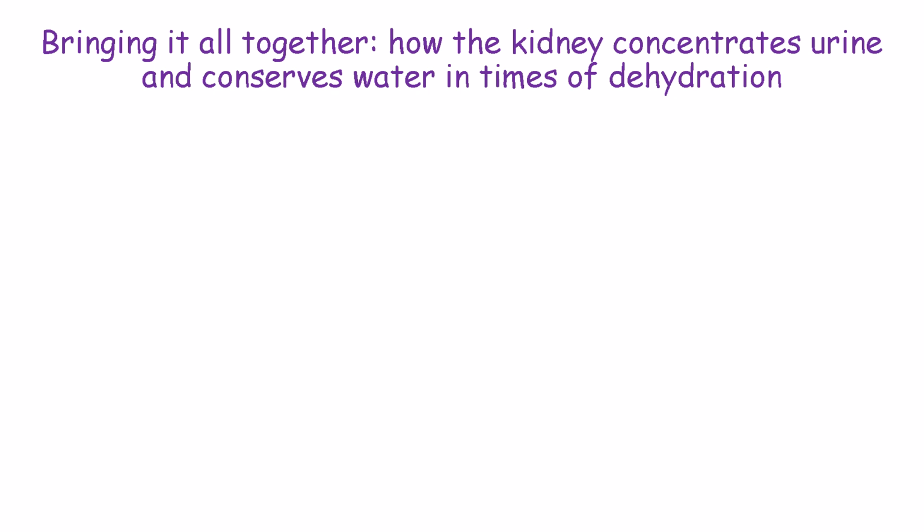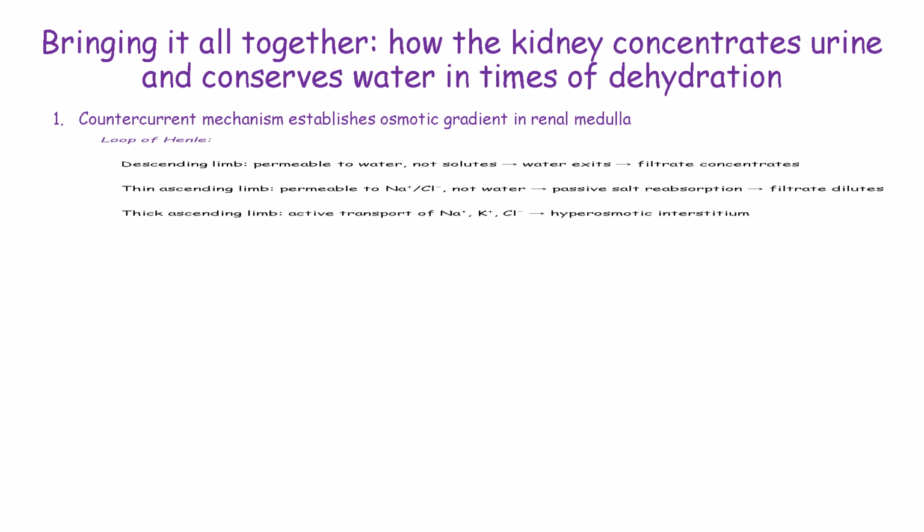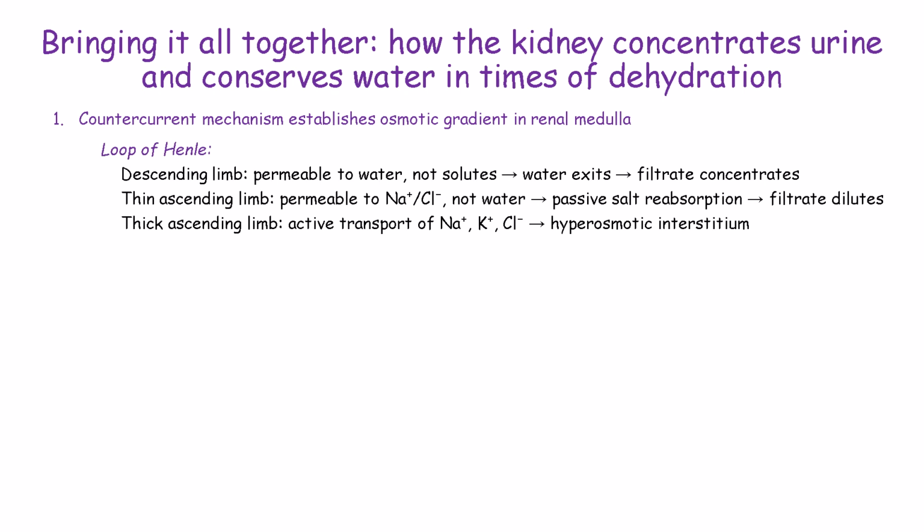Let's take a moment to bring everything together. The countercurrent mechanism establishes an osmotic gradient in the renal medulla. It involves the loop of Henle. The descending limb is permeable to water, not solutes, so water exits the filtrate and it becomes concentrated.